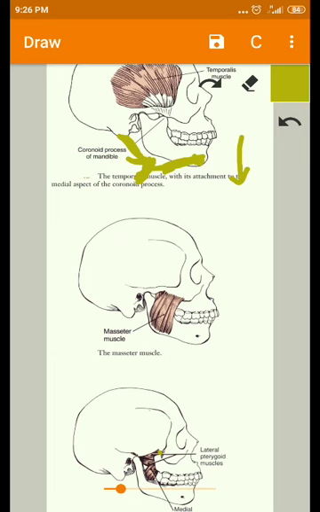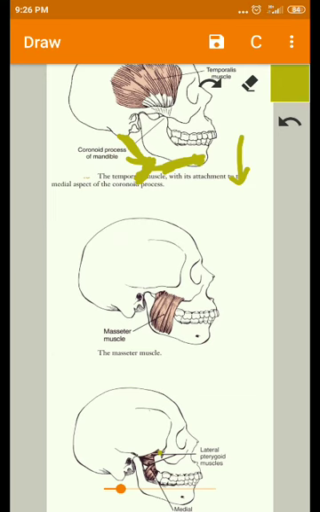Now we have seen these muscles individually, but normally not only the individual muscle helps in a single movement. Here the coordinated movements of many muscles take place to get a particular movement.